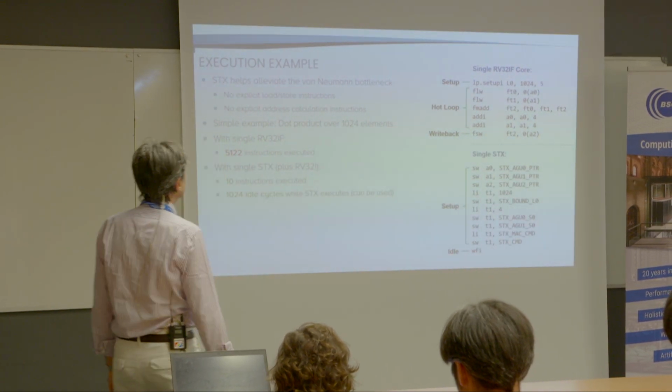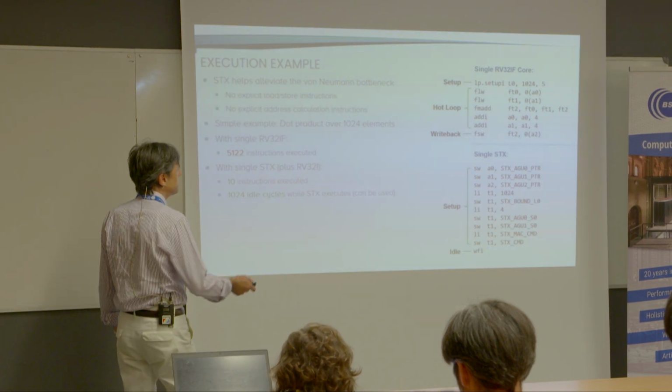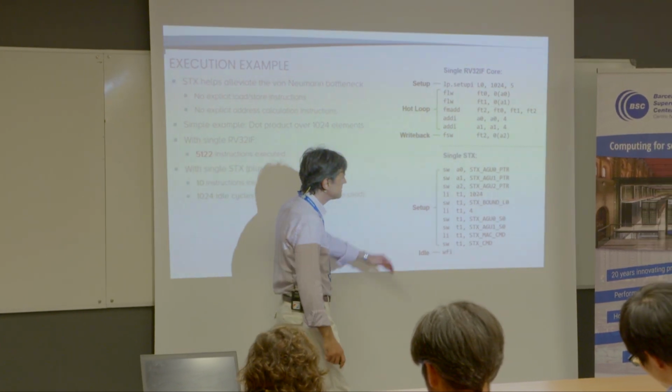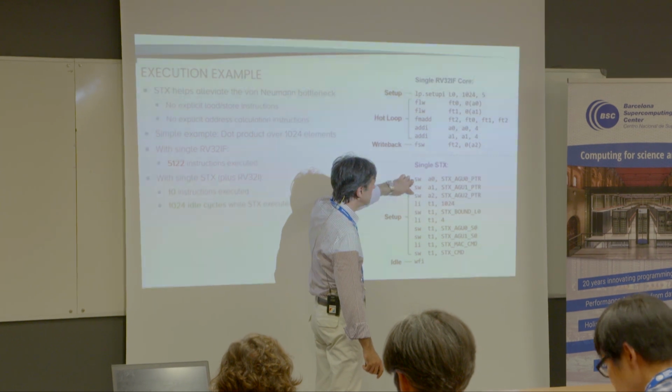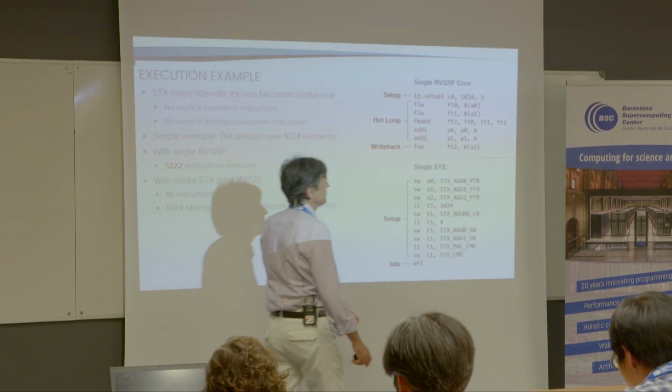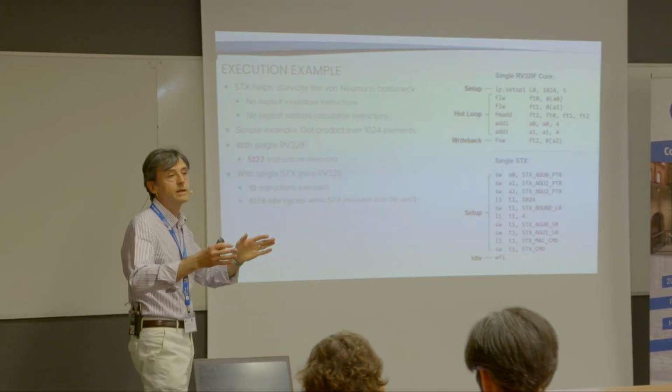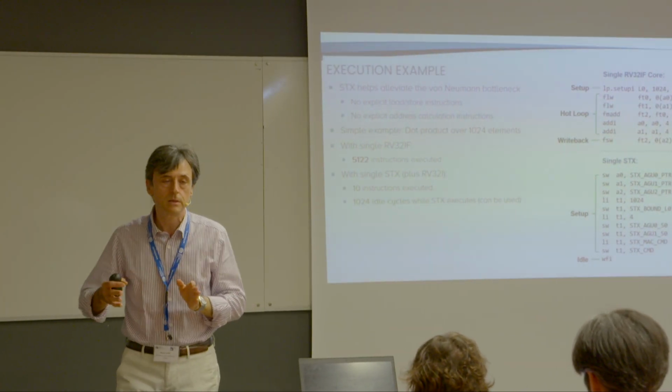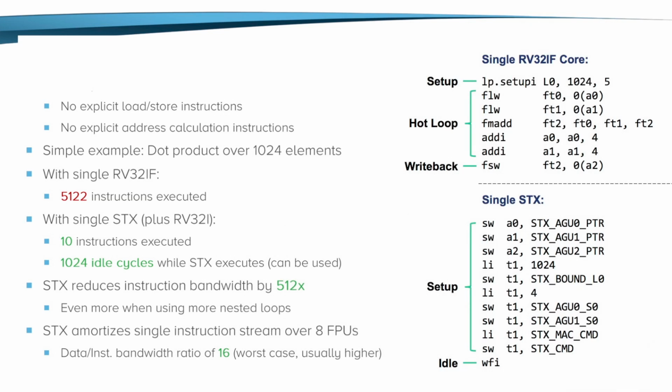If you execute with STX support, you see that the commands become actually store operations, this is store word, into the specialized memory locations that map the commands of the STX unit.